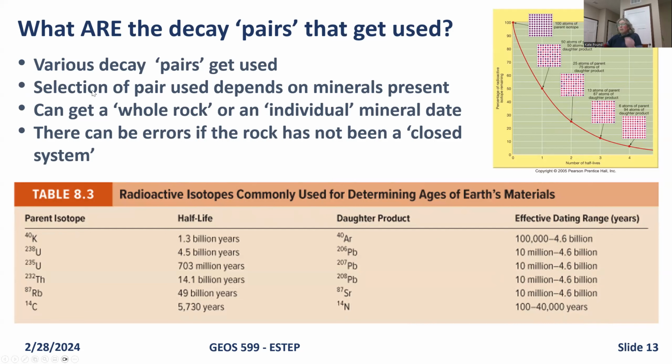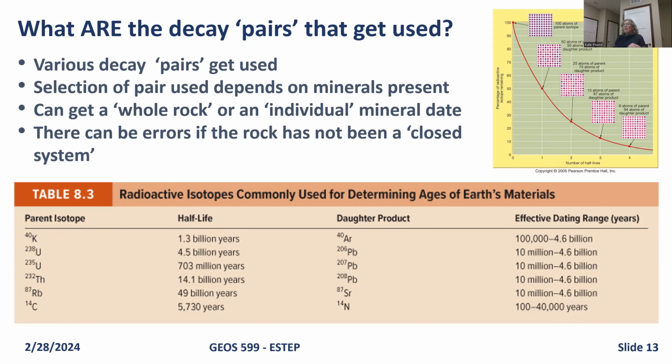So what's important is that these elements are only sequestered in certain minerals. So we need to have an igneous rock that has the minerals that contains this starting material. So we can actually go about getting an age two ways.